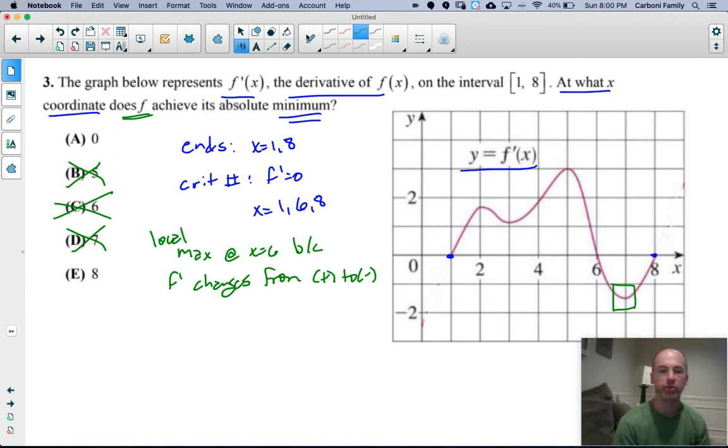And to determine which one is the lower of the 2 points, I have to know how much the function increases and how much the function decreases. And so looking at my derivative, it is positive from 0 to 6. That means wherever I start, I don't know where I start, but wherever I start, my function is increasing from 0 to 6 because the derivative is positive.